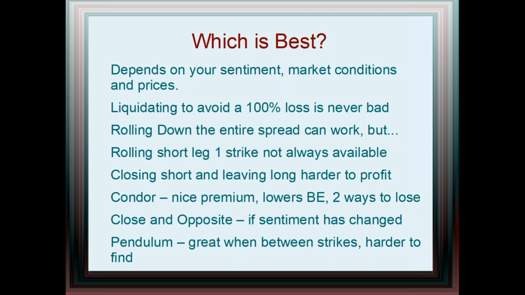Well, it's because something outside of the market influenced my stock. I'm still the original sentiment when I open the spread. I roll down one strike to give me a little bit more cushion. Not always available, because sometimes, as we saw, a profitable roll down to one strike might not be profitable, meaning you'd lock yourself into a loss. The debit would be greater than the initial net credit, and it won't work.